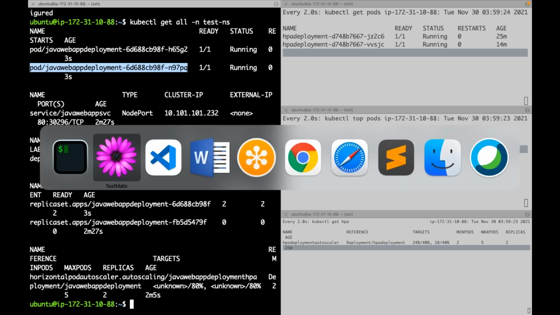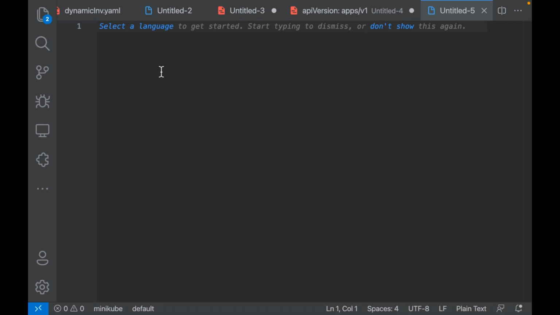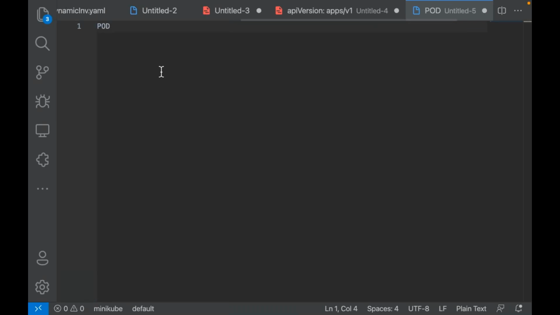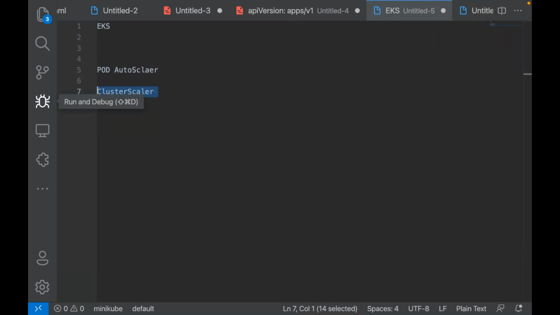So in real time, with managed clusters, we have a pod autoscaler to scale the pods and a cluster autoscaler to scale the cluster. But if you go for self-managed, can I use the cluster autoscaler concept there? No, only pod autoscaler.